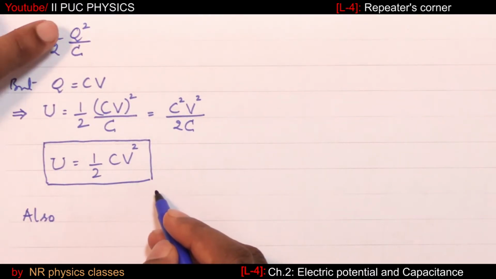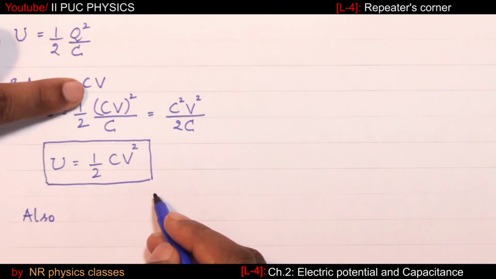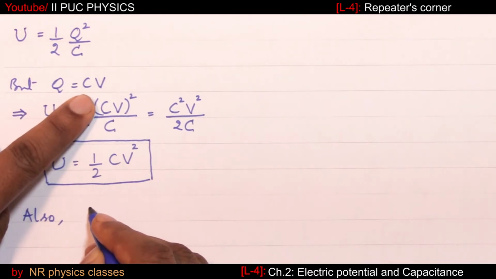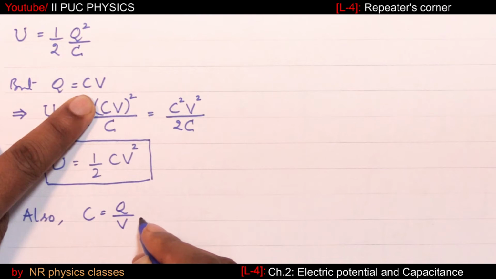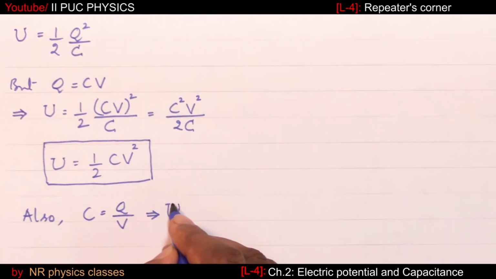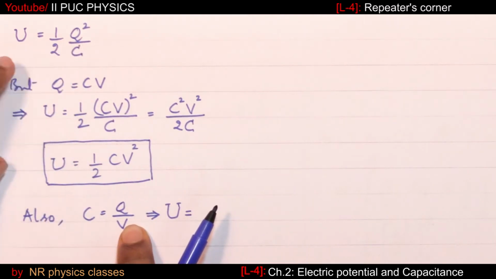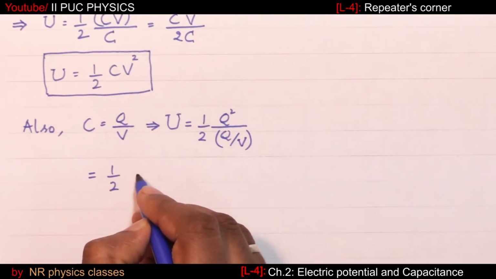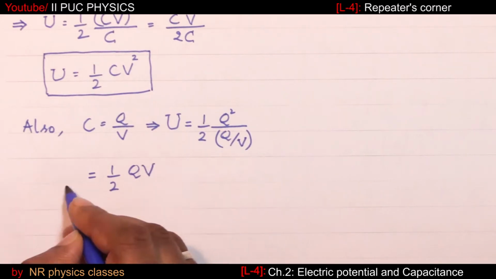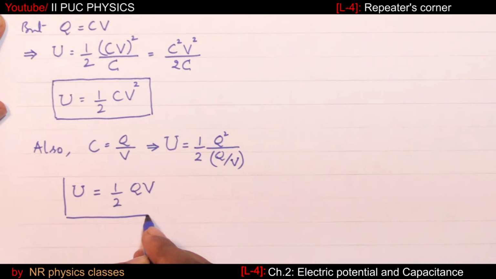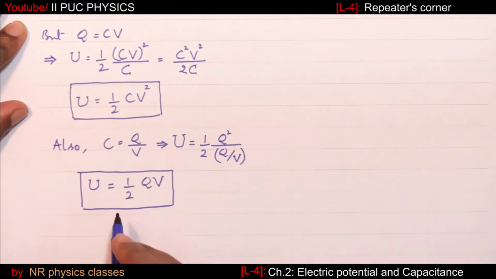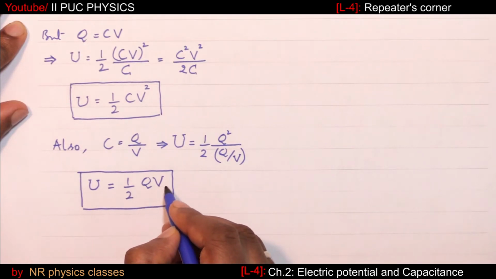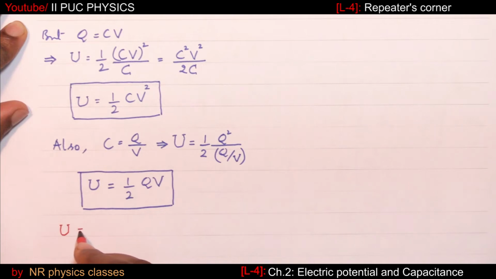Also, in this step we have substituted for Q. Now let us substitute for C. Also, C equals Q by V, which implies potential energy equals half Q square by Q by V. Q gets cancelled, so it is half into Q, and this V goes to the numerator, V. So this is the expression for potential energy in terms of Q and V. Therefore potential energy in terms of Q and V is half QV.